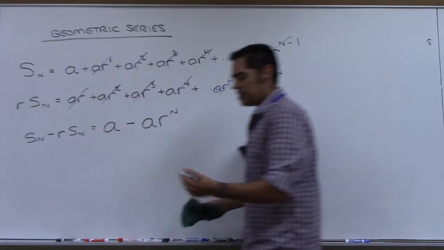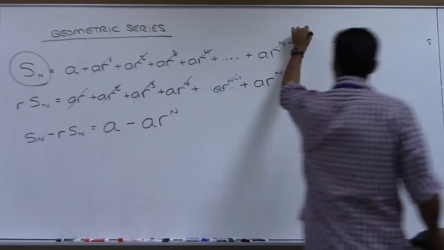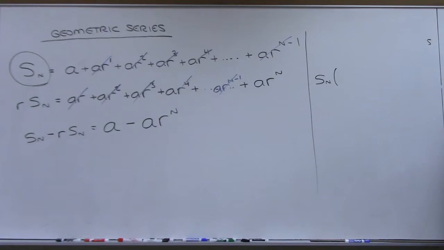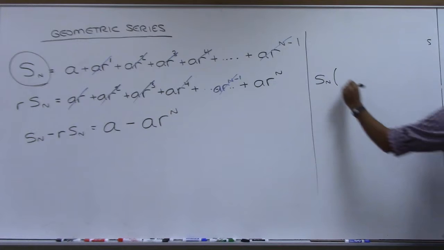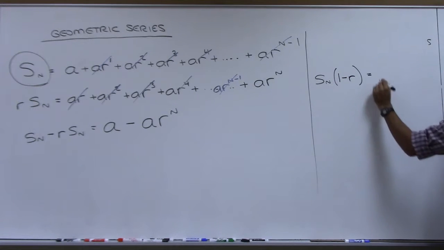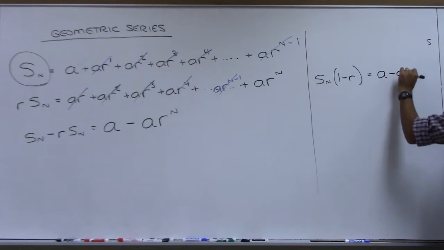Now, I was interested in this, right? This is what I'm most interested in. These both have it, don't they? So what can I do right here on the left-hand side? Factor out an s sub n. So this is algebraic now. Okay, so now what we have is s sub n factored out on the left side. What's still there? 1 minus r. What's on the right side? a minus a r to the n.